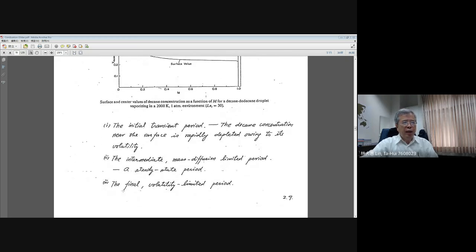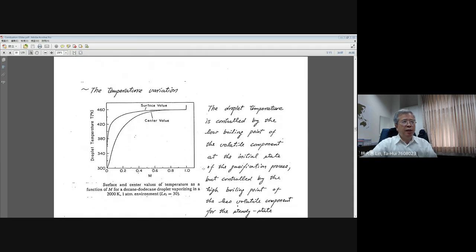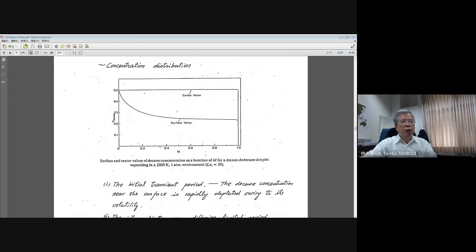Now here there is a so-called final volatility limit period, because they tell you that basically this period is controlled by the higher boiling point thicken. But for the temperature distribution, now you will be surprised: in the previous part, we have a difficulty transporting the thicken from the center portion to the surface.